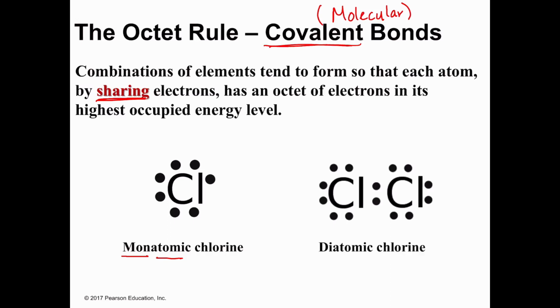Here is diatomic chlorine. And we know chlorine is diatomic because of Hofbrinkel, right? Chlorine shows up in Hofbrinkel. And so since we have chlorine there, we know it's a diatomic. And when it floats around like that, it has 1, 2, 3, 4, 5, 6, 7, 8 electrons around the left chlorine, and 1, 2, 3, 4, 5, 6, 7, 8 electrons around the right chlorine.